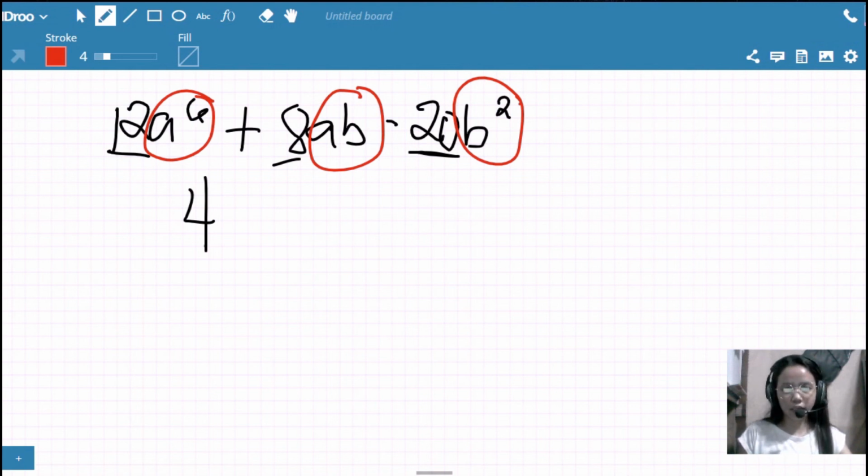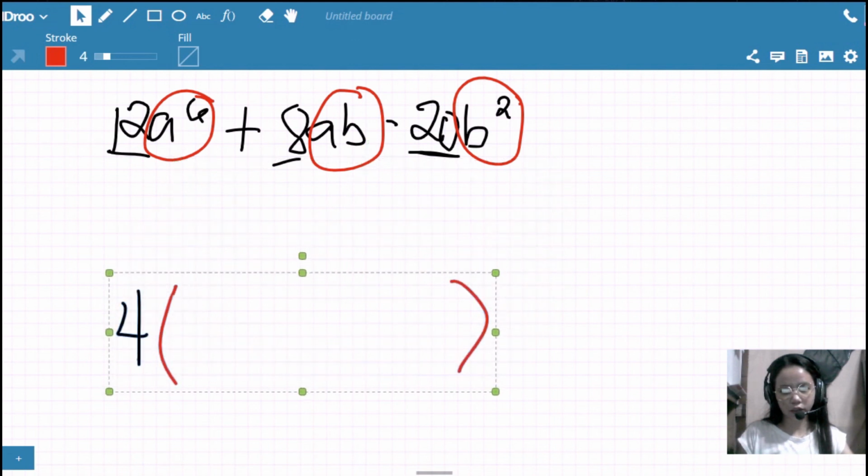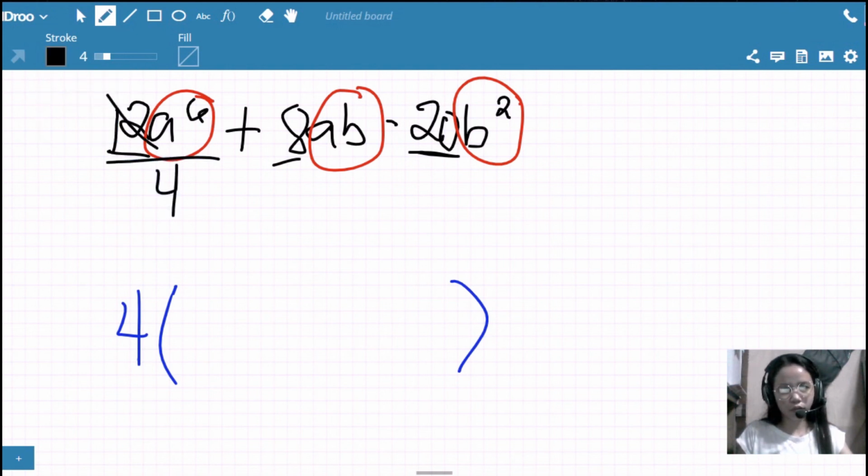Now again, we need to find the other factor by dividing each term by 4. So let's move it down here, and then let's divide all of this by 4. So 12 divided by 4, that is 3.